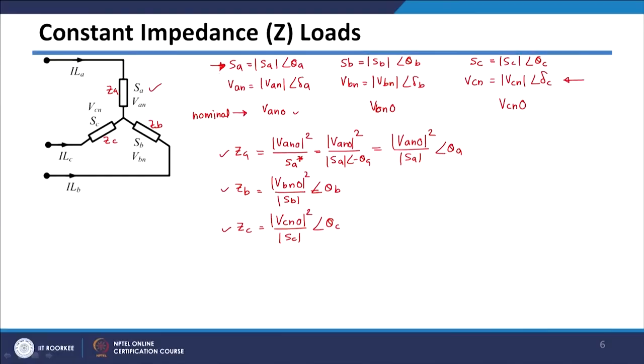The nameplate rating gives you the load values as well as the rated voltages. Only the rated voltage magnitude is needed here, so using the magnitude we have calculated the impedances.